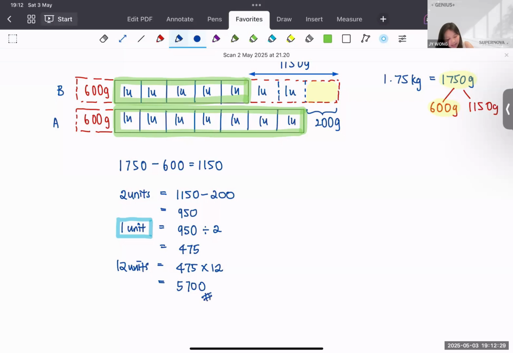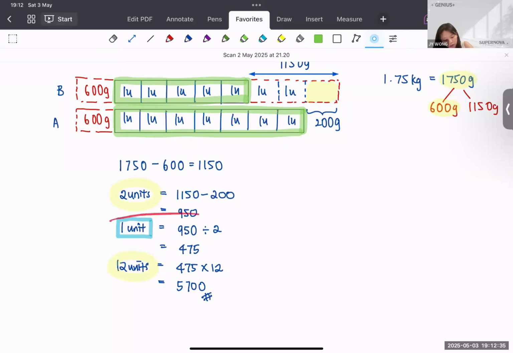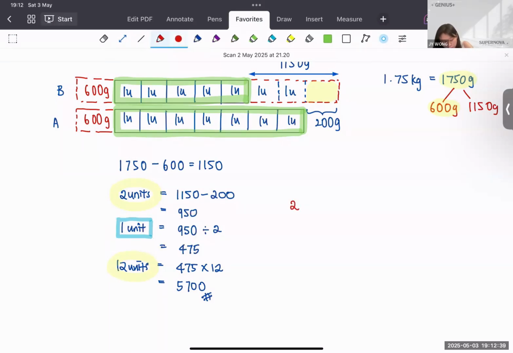But if you can see that from 2 units you want to get to 12 units, you can skip the 1 unit step. You can go straight from 2 units, which is 1150 minus 200. I repeat this step again. I want to see how many people actually did it straight away.